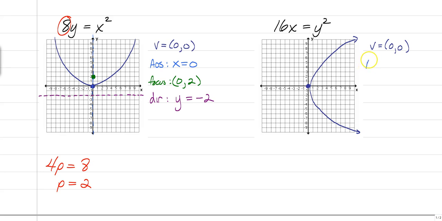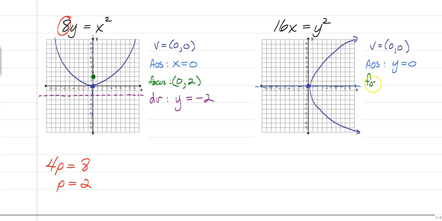Now this time the axis of symmetry is going to be a little bit different. The axis of symmetry must cut the parabola in half. So if we were going to split this parabola in half, you would have to draw a horizontal line. And you can see that that's at y equals 0. And then we need to talk about our focus and our directrix.